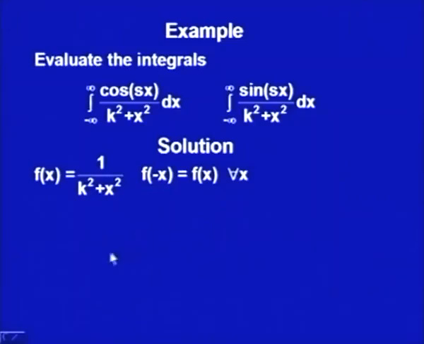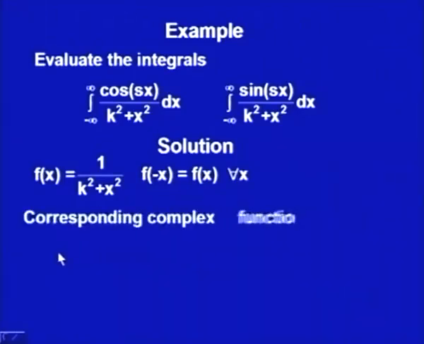So, let us apply our method. The function we would require is e to the power I s z upon k square plus z square, and we would need to see the poles of this function in the upper half plane and then calculate the residues.